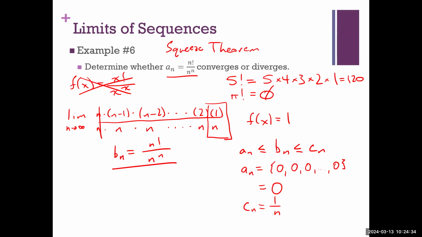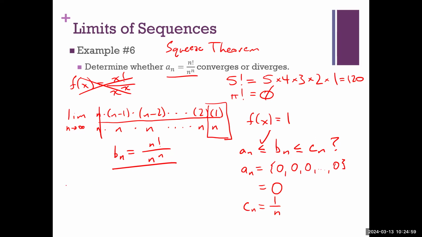Before we get there, I want to make sure that this is true. Is A less than B? So is 0 less than n factorial over n to the n? I asked you a few minutes ago if that was positive. B sub n is always positive, right? So A sub n is less than B sub n. Is B sub n less than C sub n?